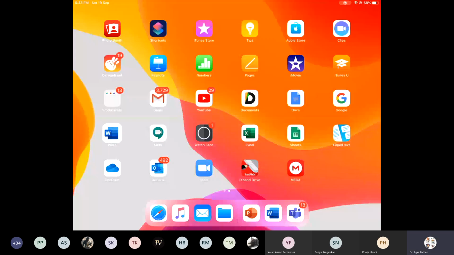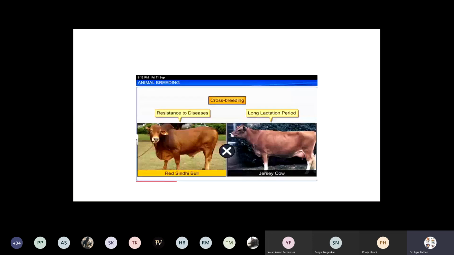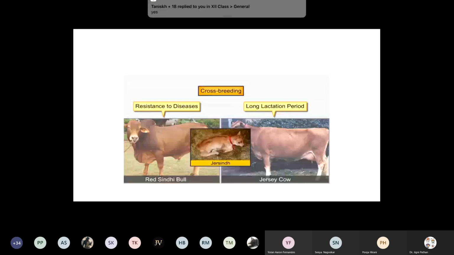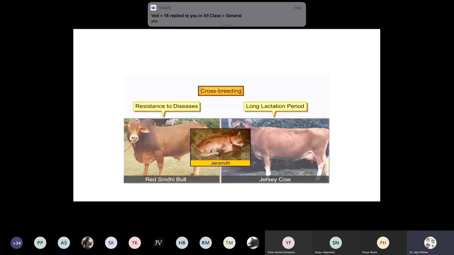Crossbreeding. You can see crossbreeding where there is disease resistance. You can also write this down. There is the Red Sindhi bull, which is very resistant, and the Jersey cow, which is good for lactation. Can you see the slide? Red Sindhi bull is resistant to disease and is very good at progeny also, whereas lactation is provided by the Jersey cow.